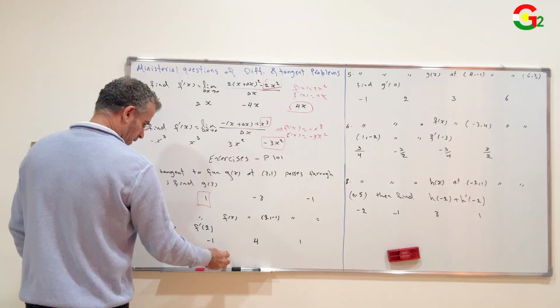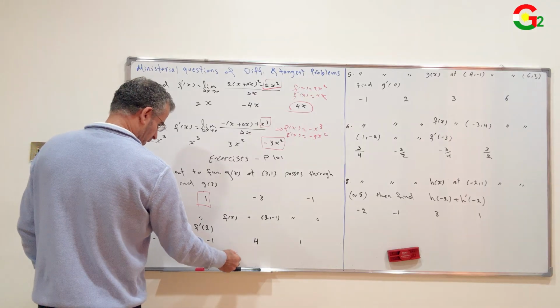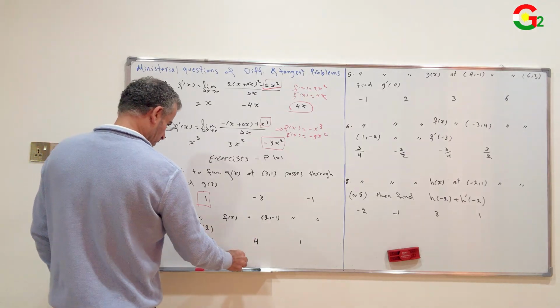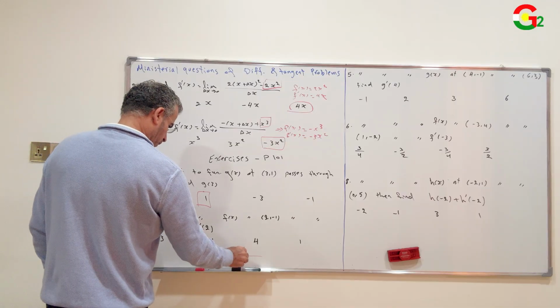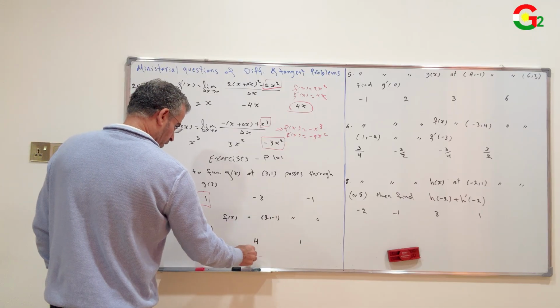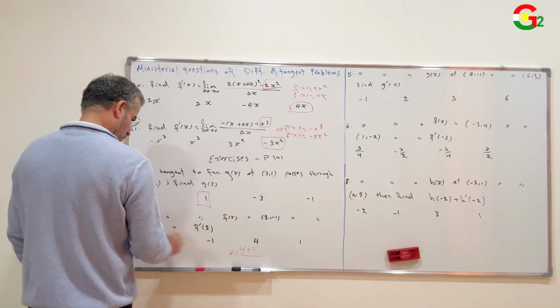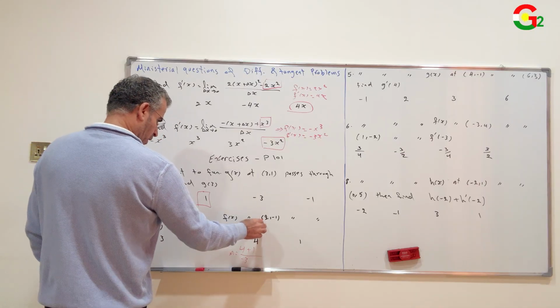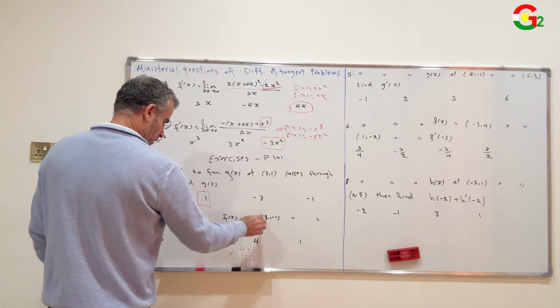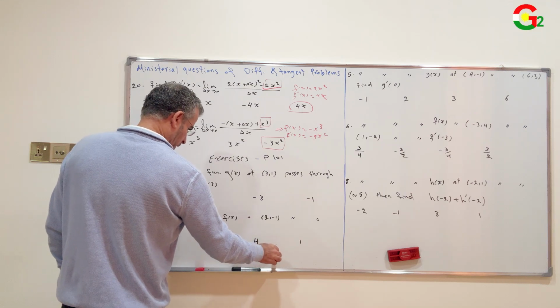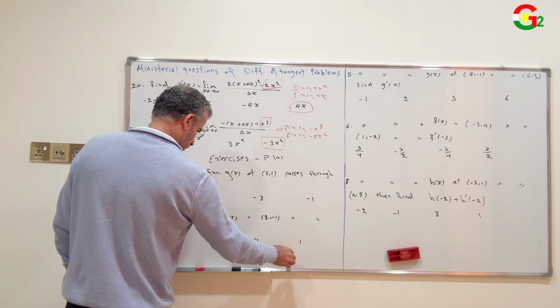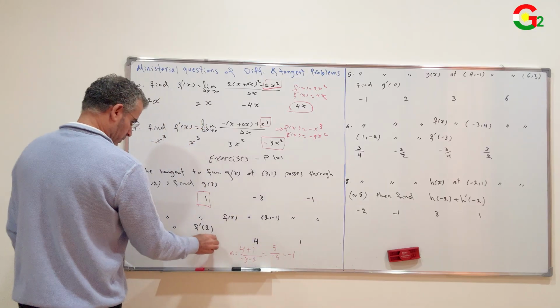We find the slope of the line from the 2 points on the line: y2 minus y1, 4 plus 1, over x2 minus x1, negative 3 minus 2, equals 5 over negative 5, equal to negative 1. Choice B.